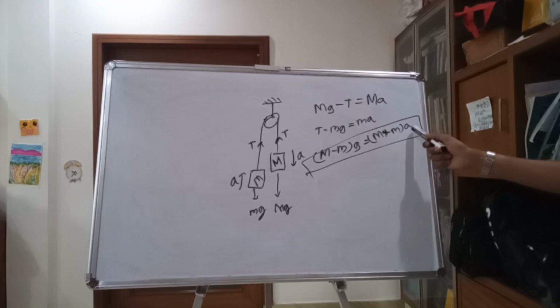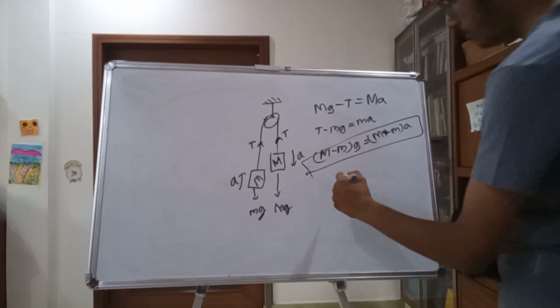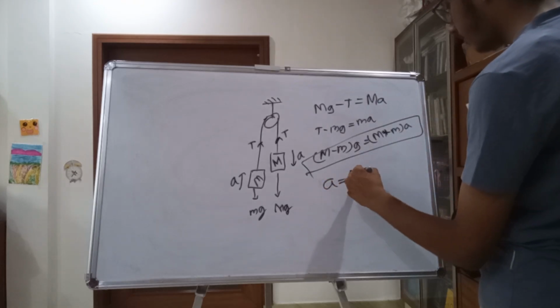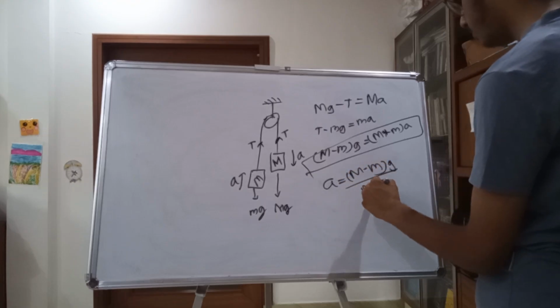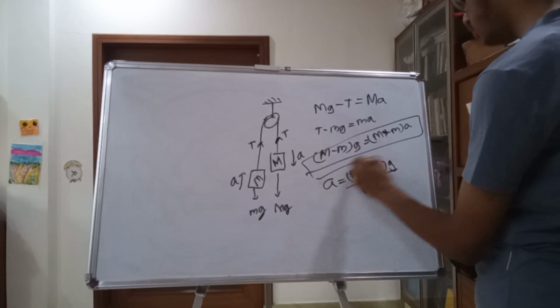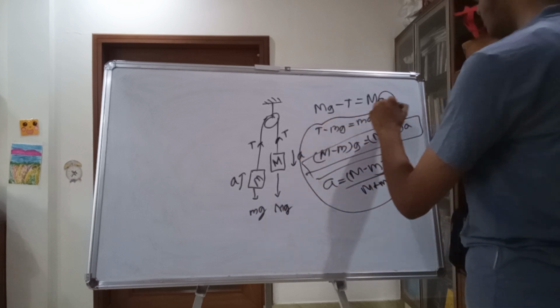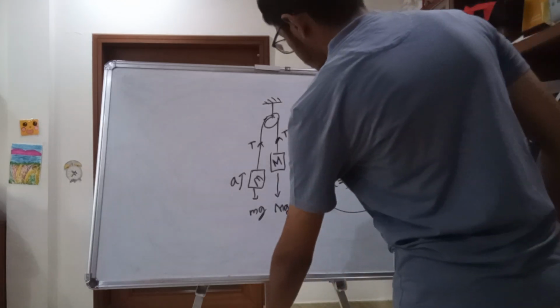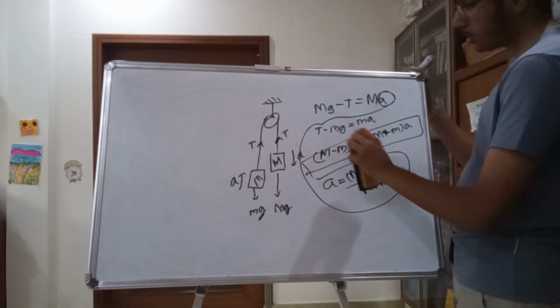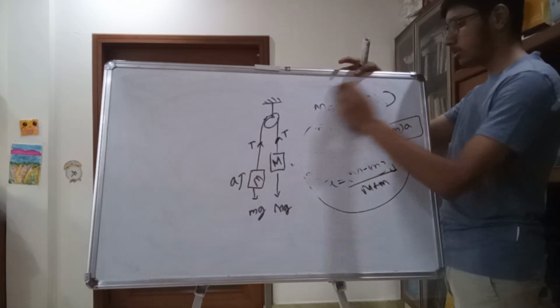You substitute this A. What A will you get? A equals (M minus m) g by (M plus m). Am I right? Sorry, this A you substitute here, and you will get the value of T. Upon simplification, you can solve. This is all about the pulley.